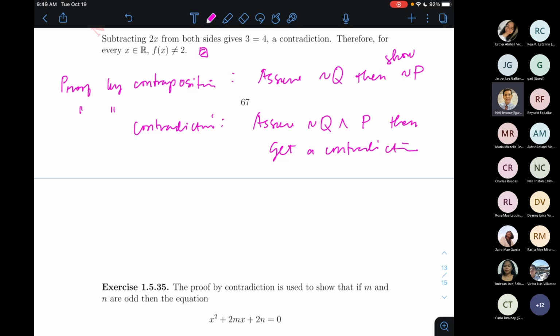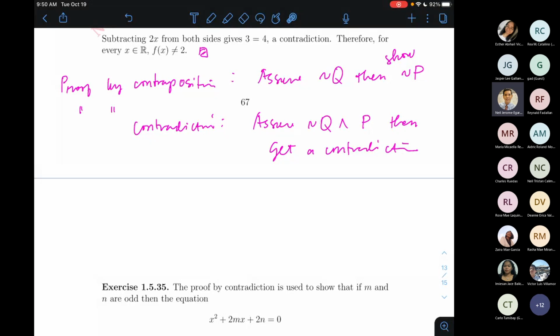Contradiction, right? So, halos pareha sila dito, ina-assume si not Q, pero kung hindi ko pa naman ginagamit si P para makahanap ng contradiction, tapos wala akong mahanap na contradiction, pwede kong baliin yung proof ko into a proof by contraposition. Pwede kong ipakita na si not P magpa-follow from not Q. Alright? So, ito yung dynamic.